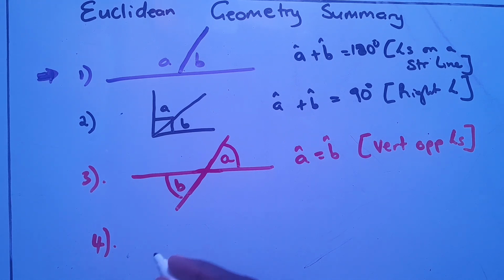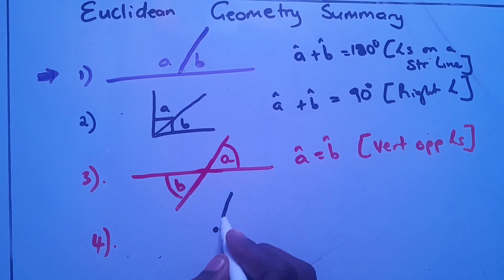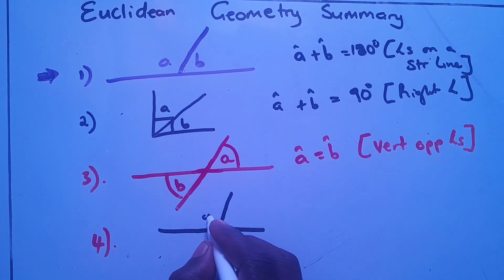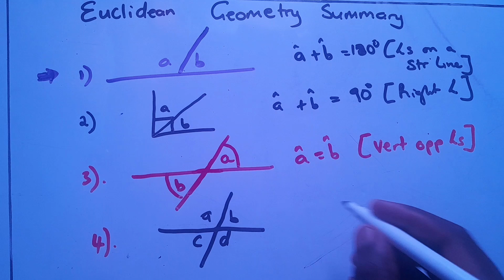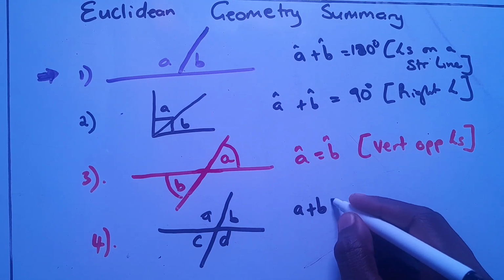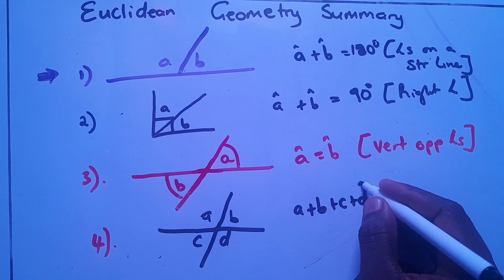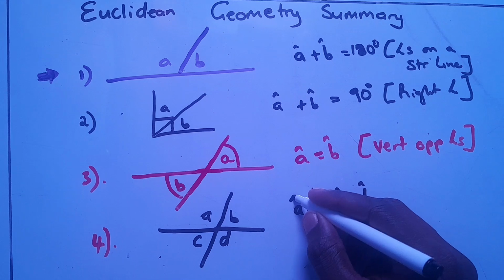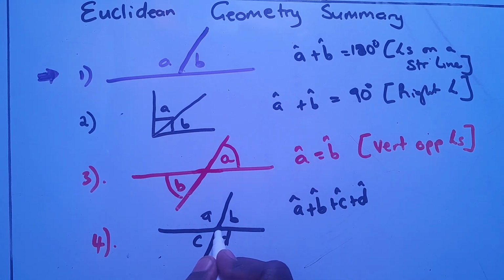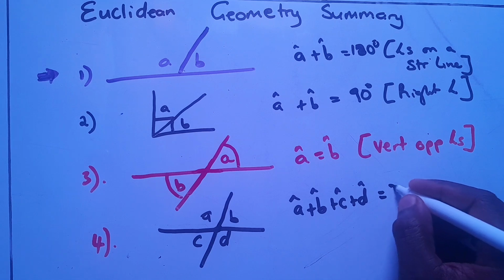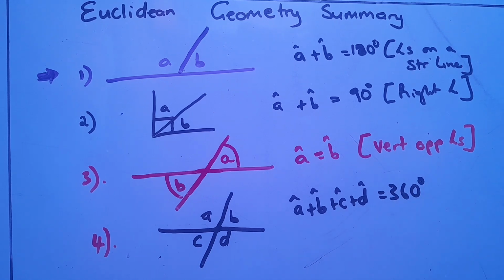We also know that if we're having a point like this and we're having angles around this point, maybe our A, B, C and D there, our A plus our B plus our C plus our D, if we add all the angles that are around a point, they give us 360 degrees.